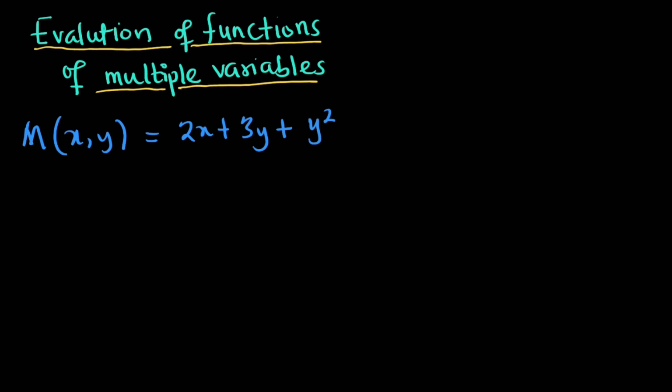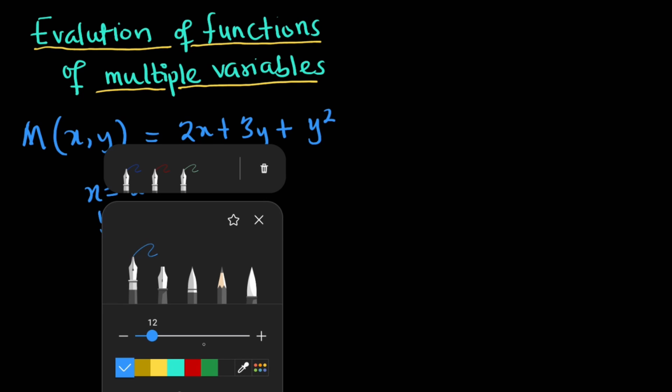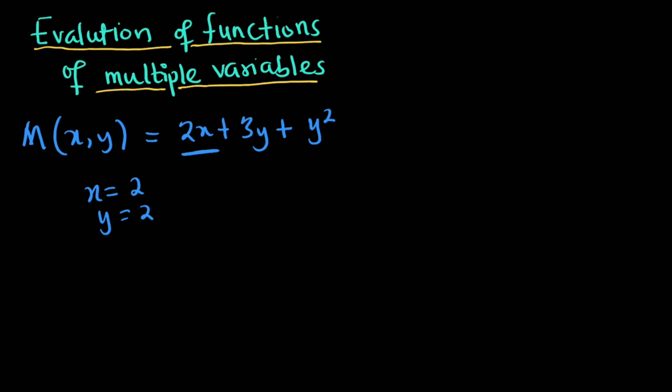You need a point that is two values, one value for the x and one value for the y. When these inputs are given, you need to substitute this value into the expression for you to be able to evaluate the functional value. So for example, if you are given x to be equal to 2 and y to be equal to 2, it's essentially telling you that you should evaluate this function at the point (2, 2).